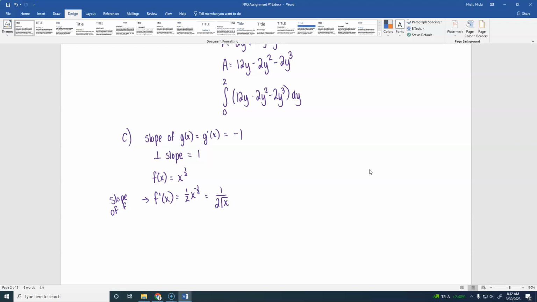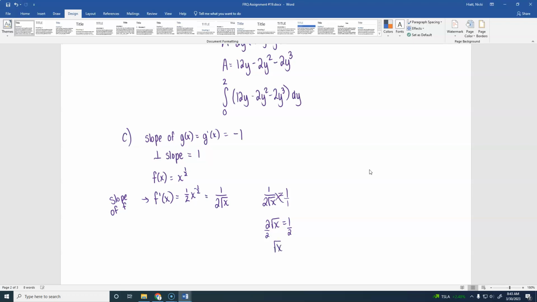So I want to know where this slope equals 1. So I just take 1 over 2 root x and set it equal to 1, and I could just cross multiply. So 2 square root of x would equal 1. I would divide both sides by 2.